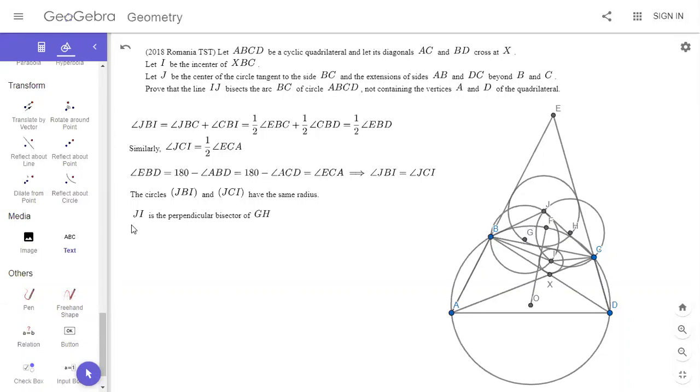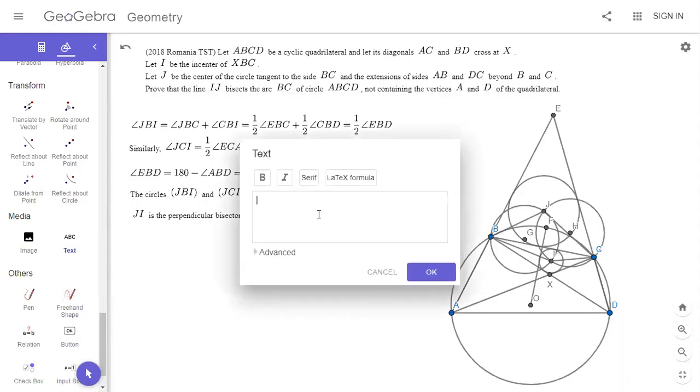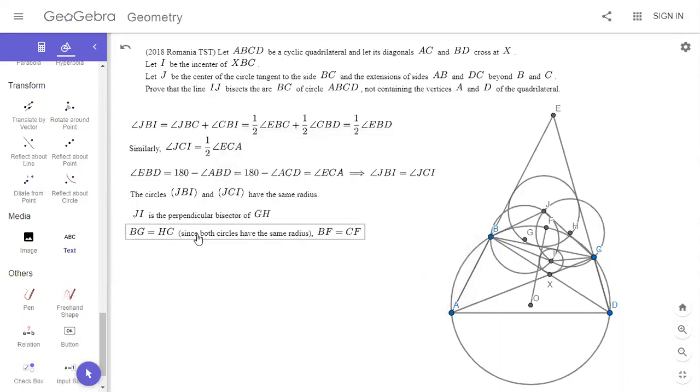So here's sort of the strategy. We know that BG is equal to HC, since both circles have the same radius. And then also BF is equal to CF, and that's because we defined F to be the midpoint of arc BC, right?